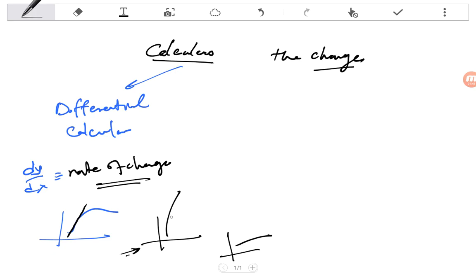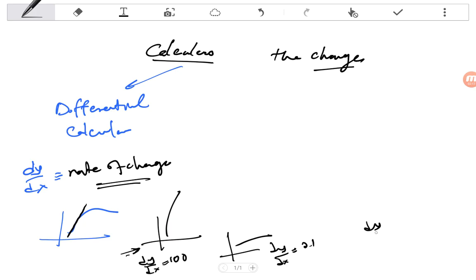For this one there is a high speed change, so it will have a large value. In this case, for example, dy by dx will be equal to 100. For this case, dy by dx will be 0.1. As long as dy by dx approaches 0, or is near 0, the change will be negligible. It will not change.